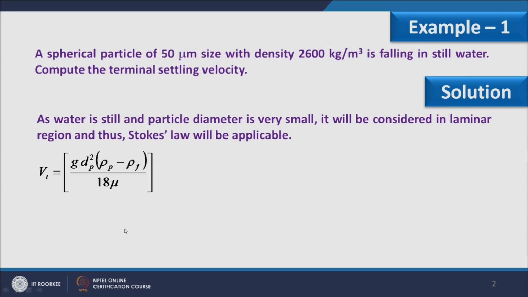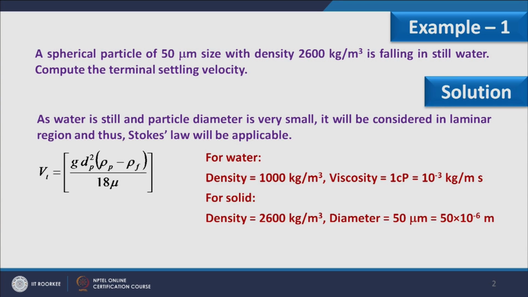This is the expression of Stokes Law, that is g dp square (rho p minus rho f) by 18 mu. The fluid which we have is water. For water, density we have taken as 1000 kg per meter cube, and viscosity we have taken as 1 centipoise, which is 10 raised to the power minus 3 kg per meter second.